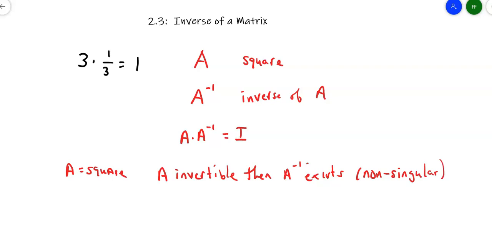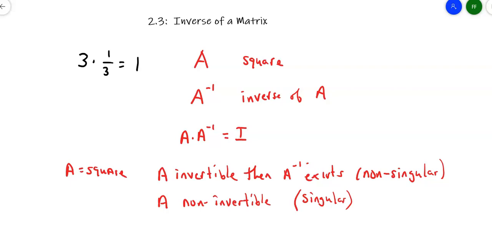Oddly enough, if A does not have an inverse, if it's non-invertible, then we call it singular. So it's sort of the opposite of what you might think. If it is invertible, if it does have an inverse, then we call it a non-singular matrix. If it's non-invertible, then we call it a singular matrix.